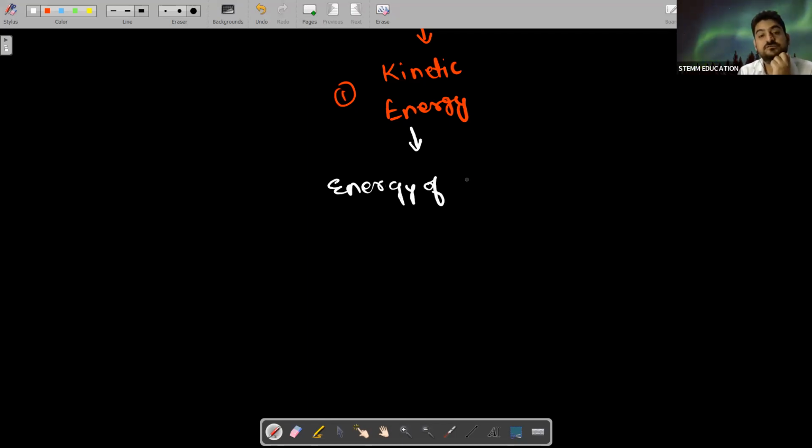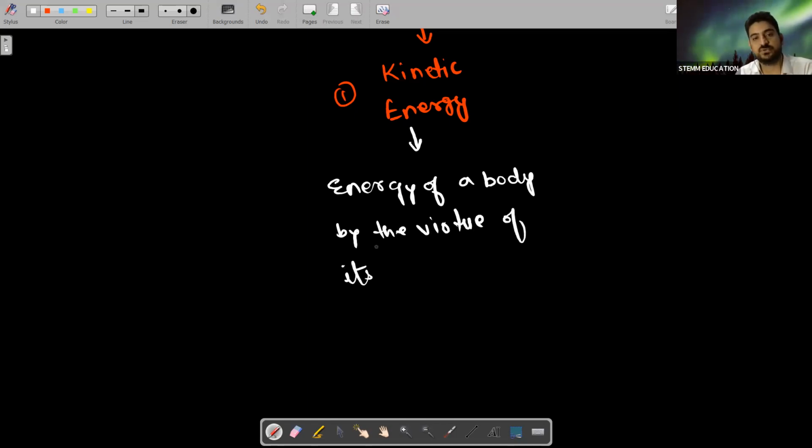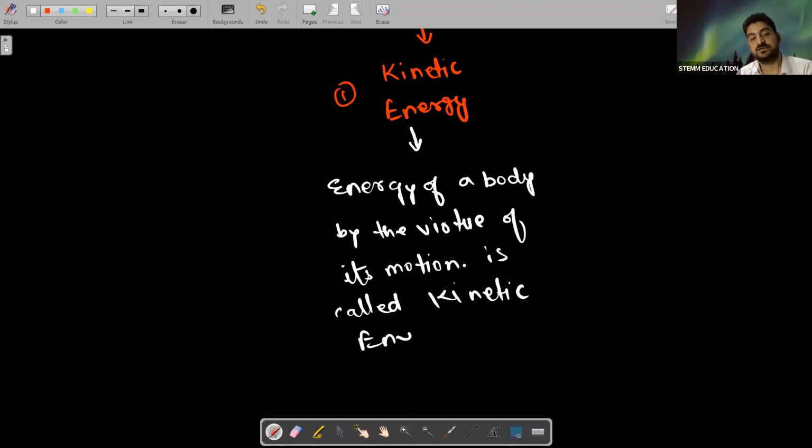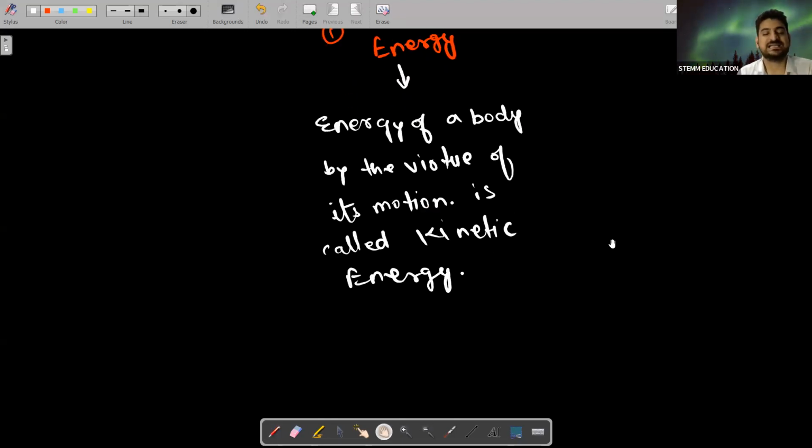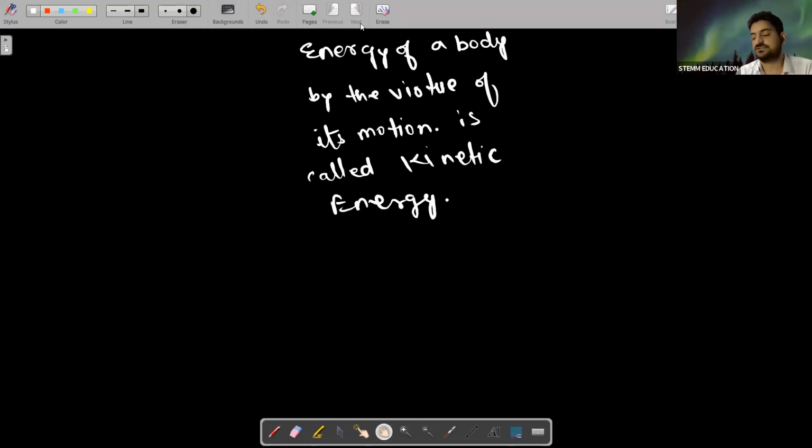Energy of a body by the virtue of its motion is called kinetic energy. So let's try to find out how much kinetic energy is for a certain body which is moving with velocity. Let's try to understand.